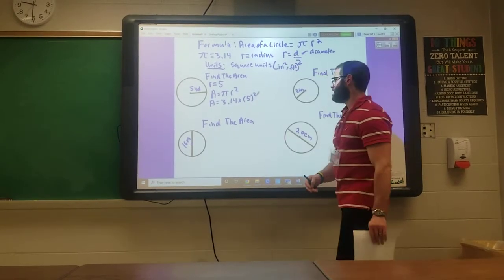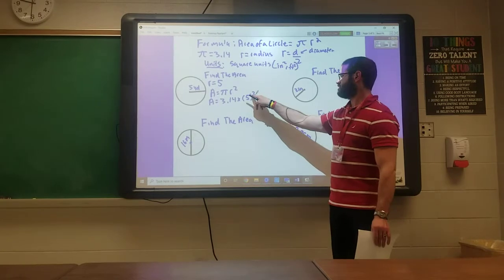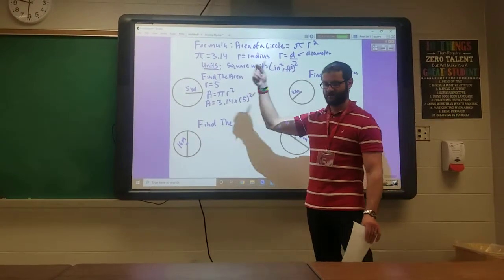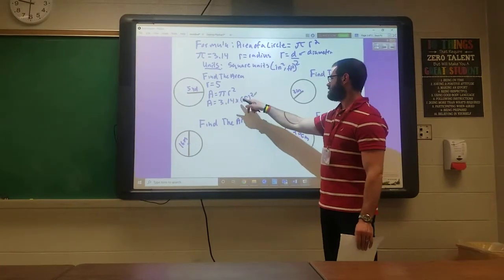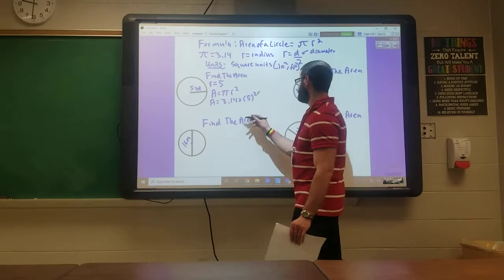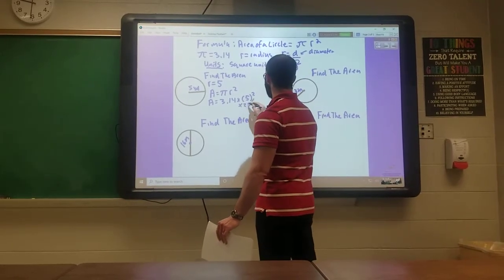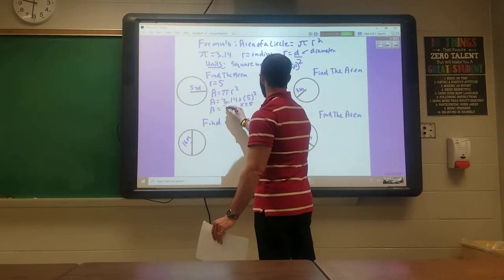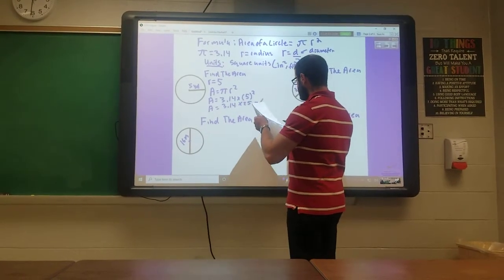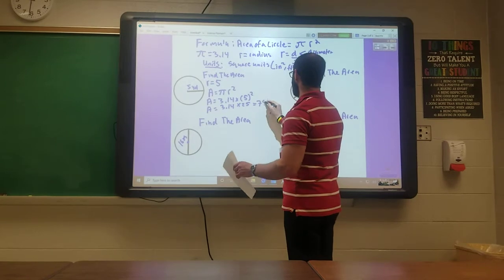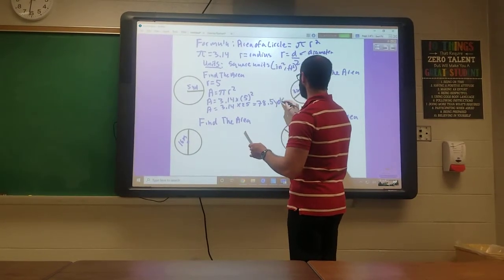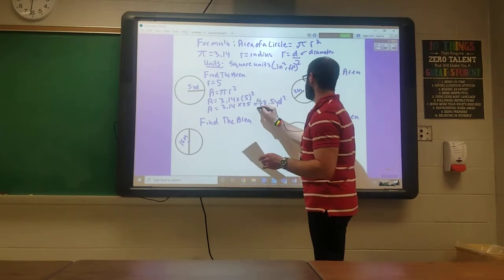Okay, order of operations says we have to do exponents, which is 5 squared to the second power there. That means that's an exponent term. So we have to do that before we multiply by 3.14. So 5 squared is 25. So what we're doing is taking 3.14 times 25, and we are getting 78.5 yards squared, okay?